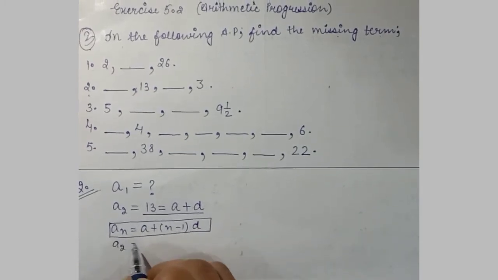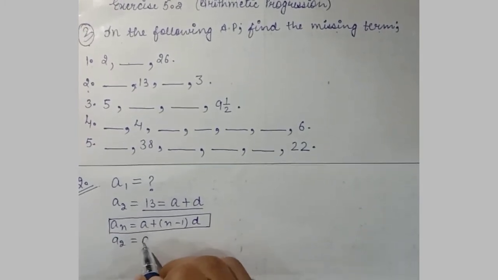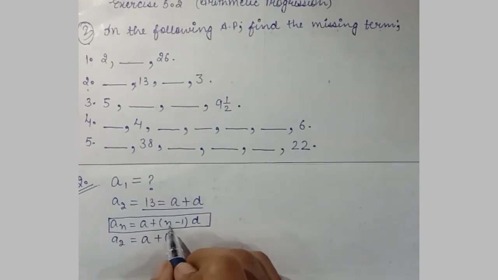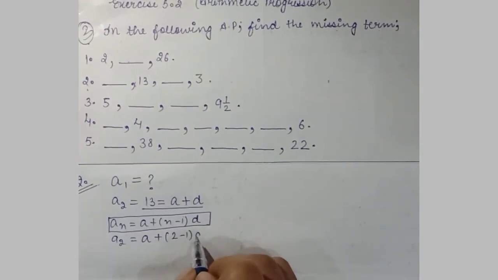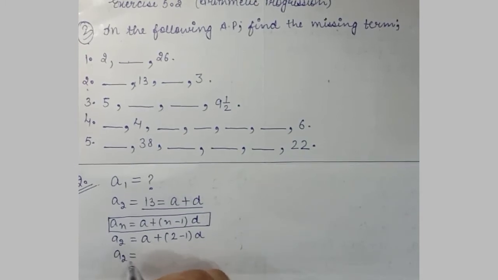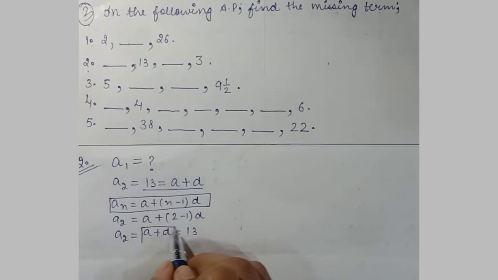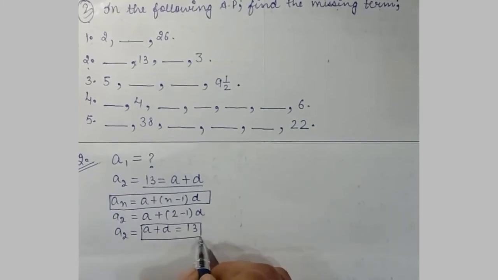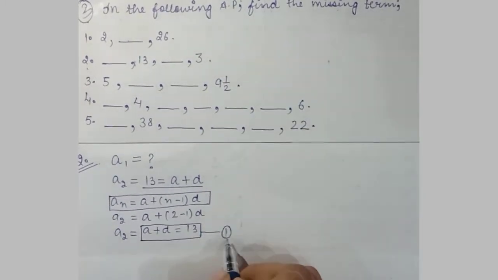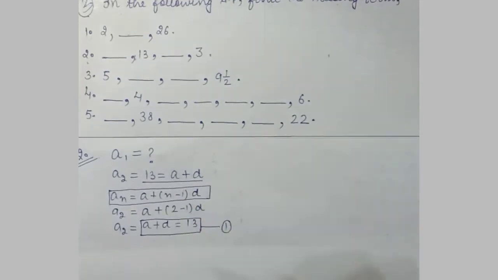For the second term, a is the same, n is 2 minus 1 d, a2 is a plus d, that is 13. So this is the first equation that is provided by the question.